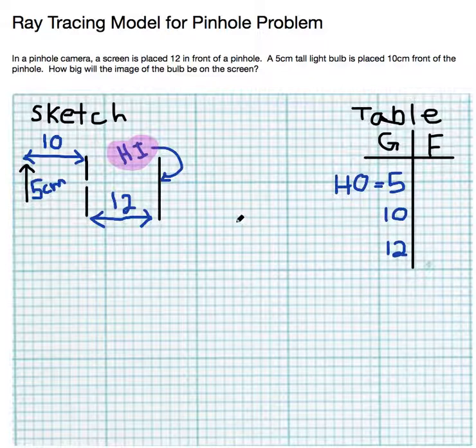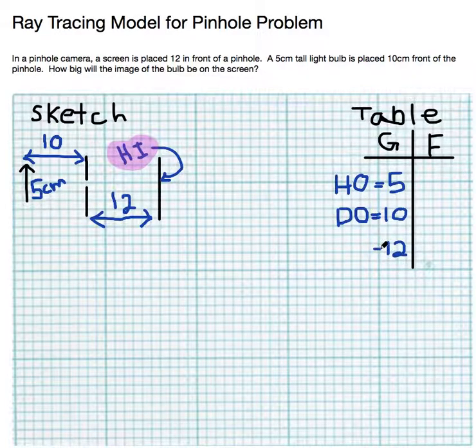Now what's the 10? The 10 is the distance between the object and the pinhole. So that's going to be a distance, a D, and it's not the distance to the screen, it's the distance to the object.